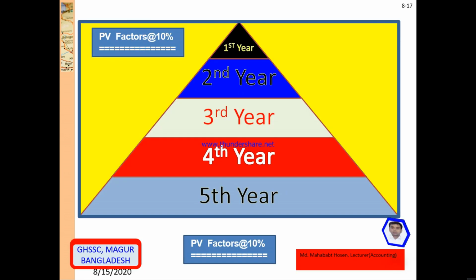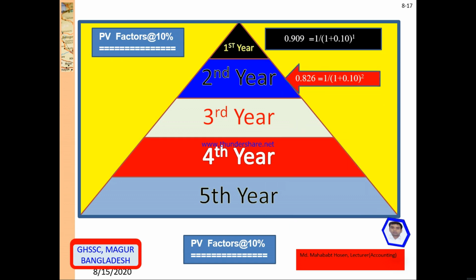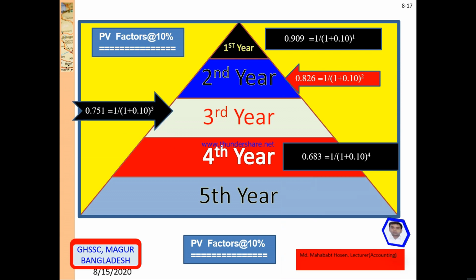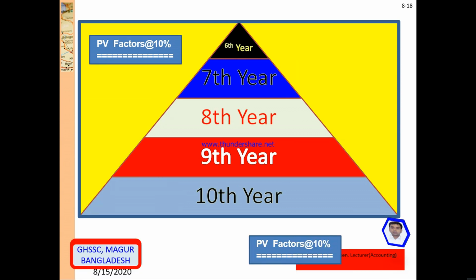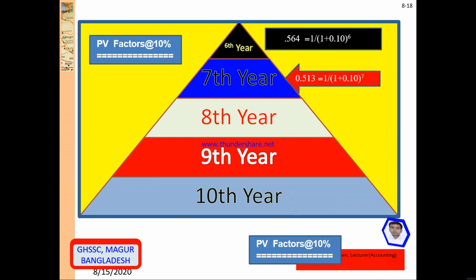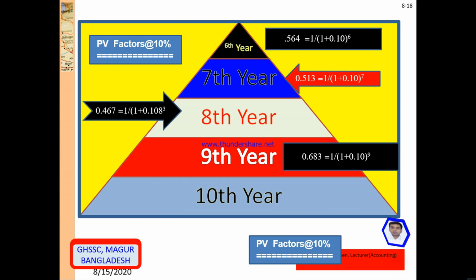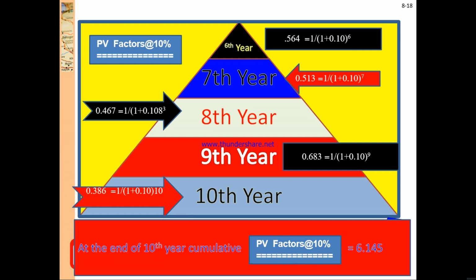Present value factors at 10% for the first year 0.909, second year 0.826, third year 0.751, fourth year 0.683, fifth year 0.620, sixth year 0.564, seventh year 0.513, eighth year 0.467, ninth year 0.424, and tenth year 0.386.